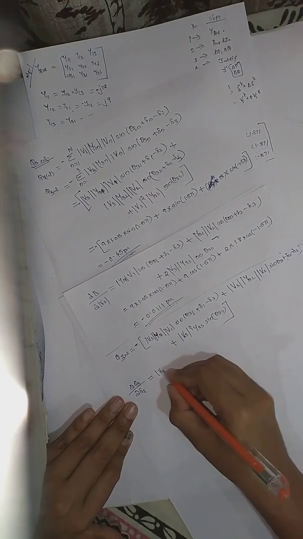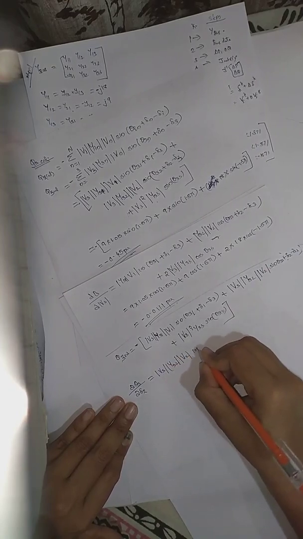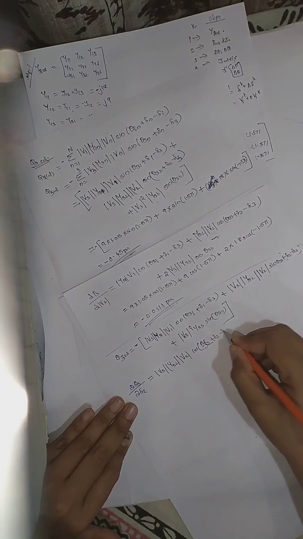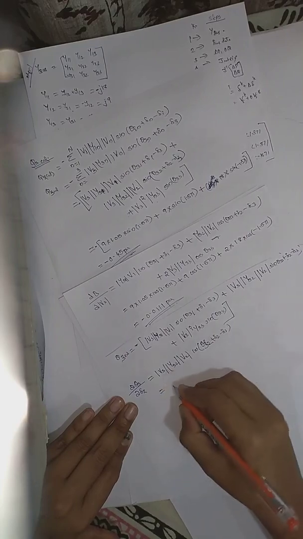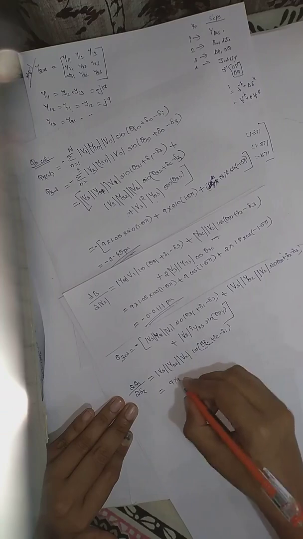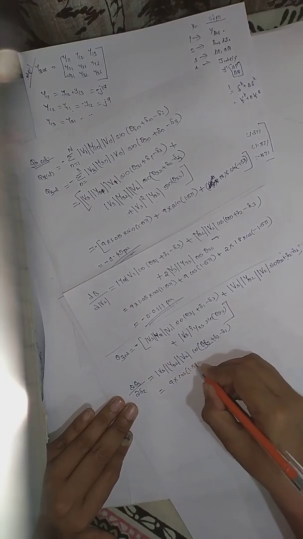So V3 Y32 V2 cos(θ32 + δ2 − δ3), that is, V3 value is 1, Y32 value is 9, V2 value is again 1, 9 into cos θ32, whose value is 1.571.